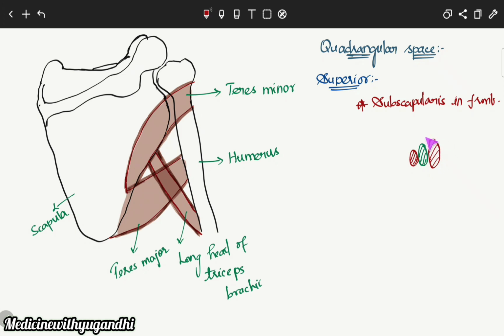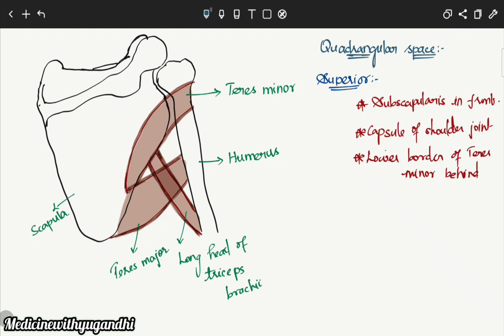So superiorly from before backwards, first there will be subscapularis muscle, then the joint capsule surrounding the shoulder joint, then the lower border of the teres minor muscle. Again I am repeating, the superior boundary is formed by the subscapularis in front, capsule of the shoulder joint and the lower border of the teres minor muscle.